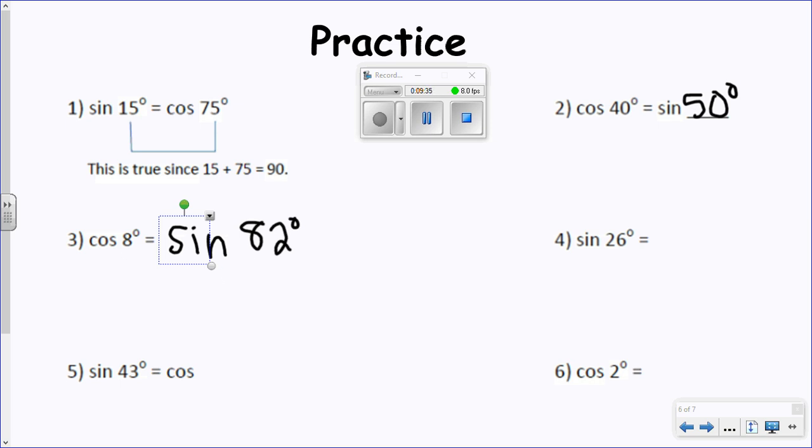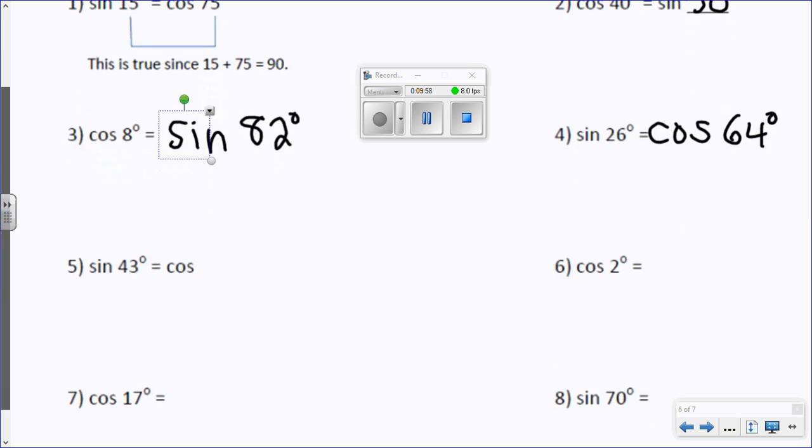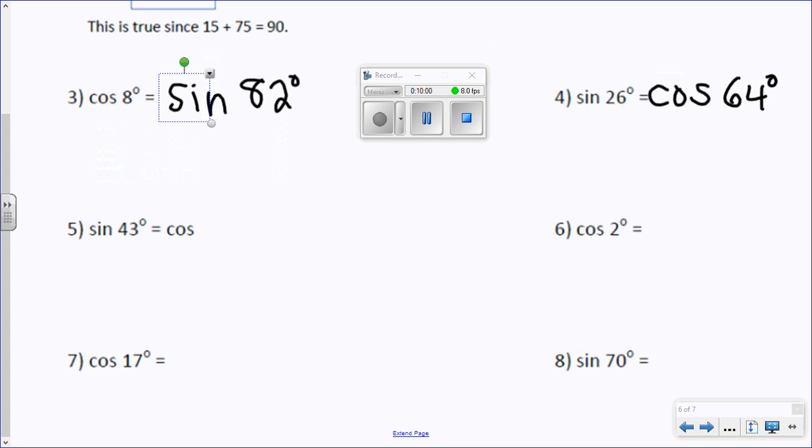In example 4, the sine of 26 degrees is going to be equal to the cosine of what? We do 90 minus 26 to get the complement, which is 64 degrees. You can check all of these in the calculator and you'll see that you get the exact same value. So take a second and pause the video. I want you to try examples 5 through 8 and see what you come up with.